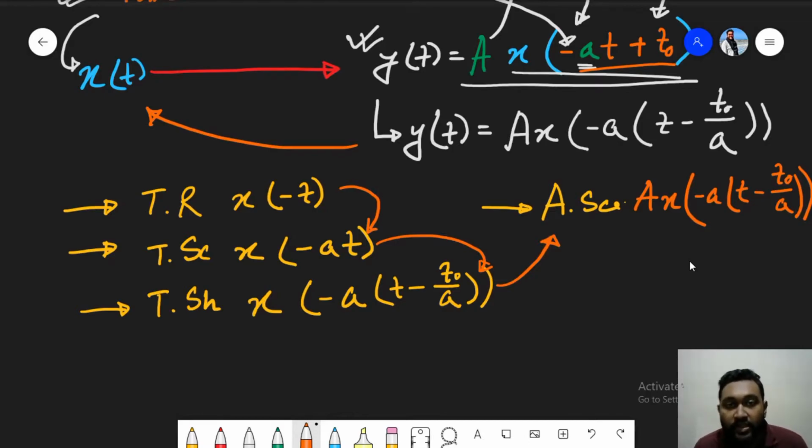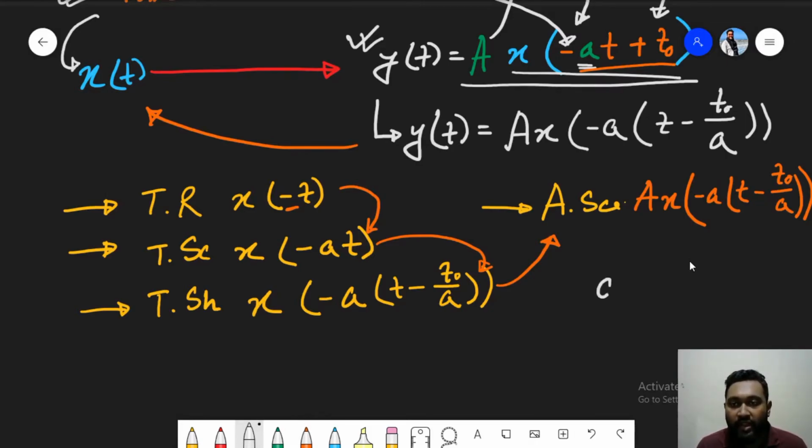So basically, you need to do firstly time reversal on x of t, which will be x of minus t. Okay, x of minus t. So this will be our time reversal of x of t, which will reflect our x of t about the y-axis. Then we're going to do the time scaling, which will depend on the value of a.